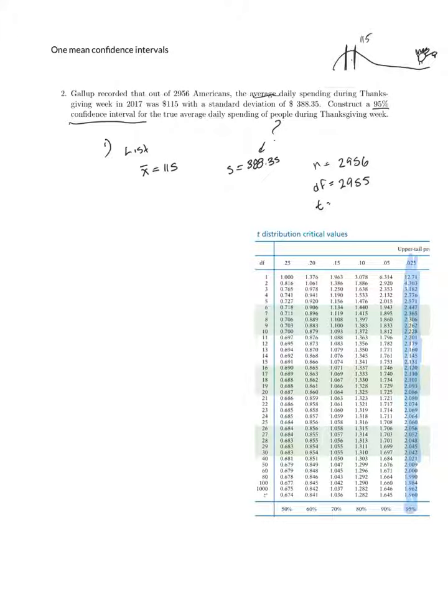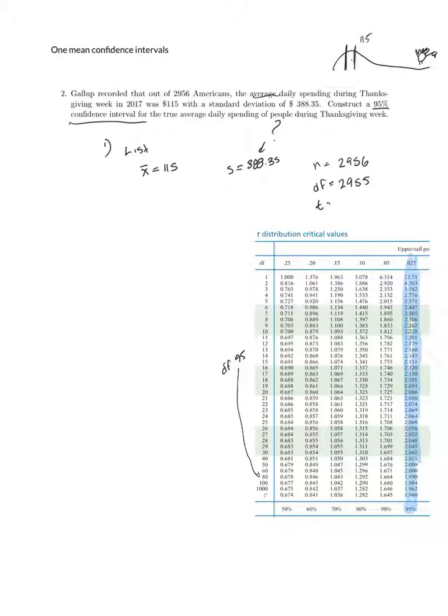Normally, if our degrees of freedom is not on the table, we will always round down. For instance, if I had degrees of freedom 95, it wouldn't be on the table, so I would round down to use 80. In this case, though, our degrees of freedom is very large.